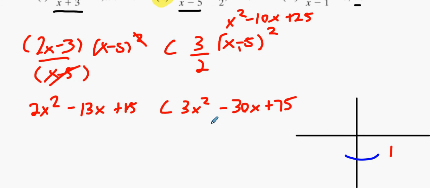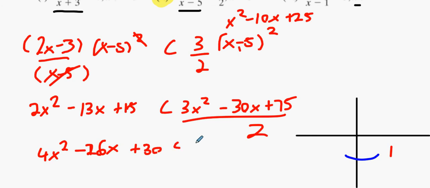Remember, fractions are evil. Now, am I allowed to cross multiply by 2? Yes, it's a positive number, so it's okay. Just multiply the other side by 2. Do not deal with fractions.